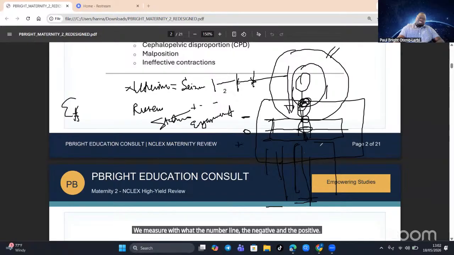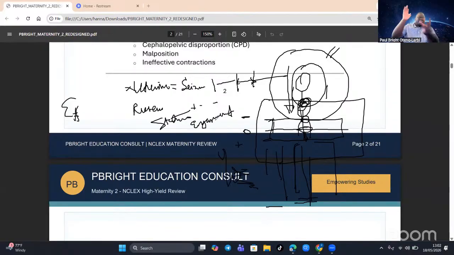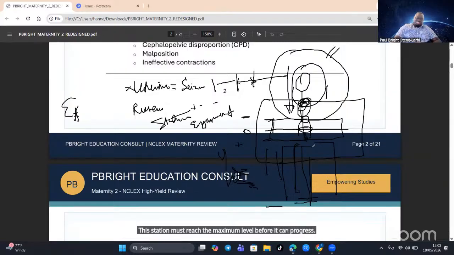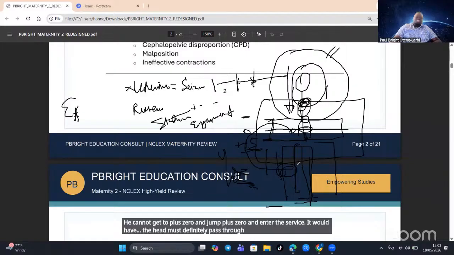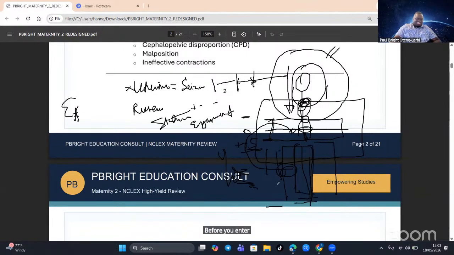In effacement, we measure with percentages. The station must reach the maximum level before it can progress to the cervix. The head must definitely pass through the +5 before it enters the cervix.